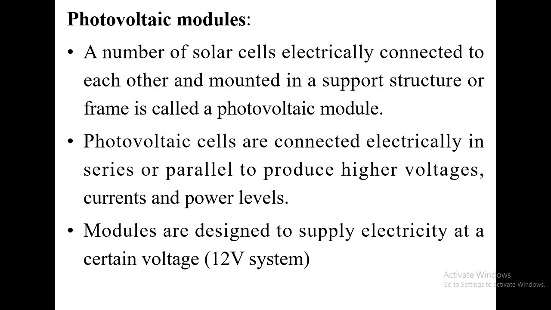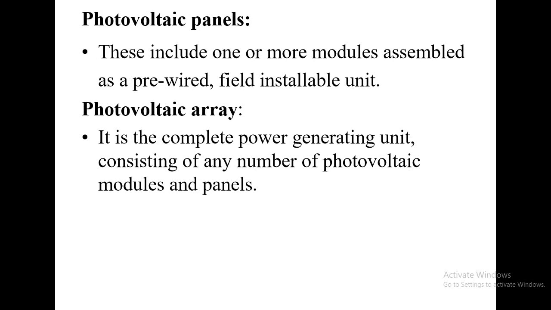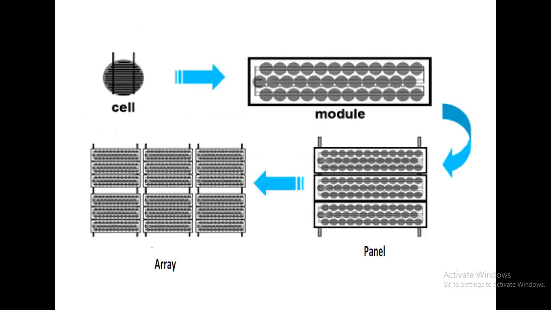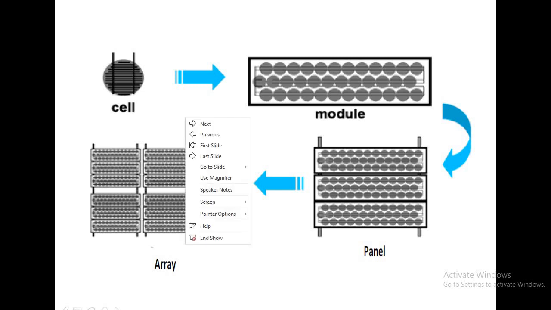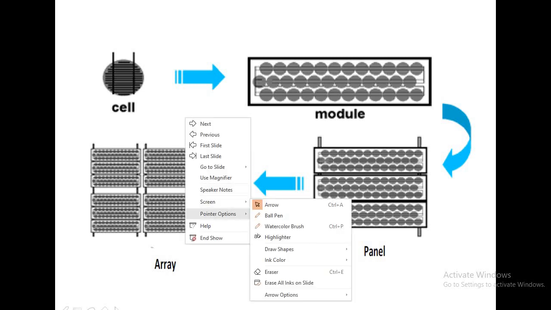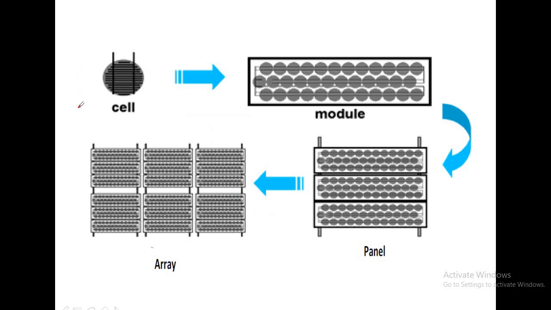To begin with, the photovoltaic modules. Before discussing that, let me just show you the diagram, because the diagram is self-explanatory. And here, this one represents a solar cell or photovoltaic cell.